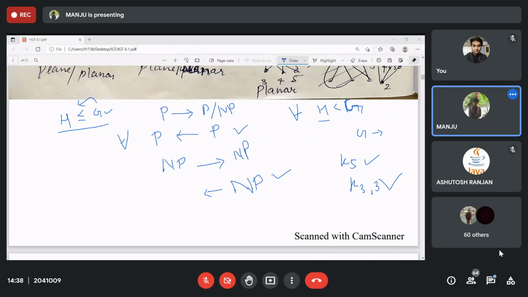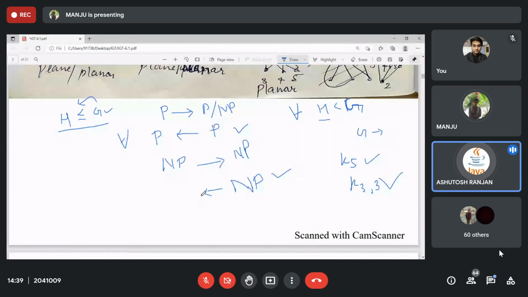Ma'am, if I show one graph and I prove that all the subgraphs of this graph are planar, then the first statement will be satisfied, no? You are saying if I show one graph, right? Yes, ma'am. But my statement is every subgraph of any graph, you can take any graph G, right?